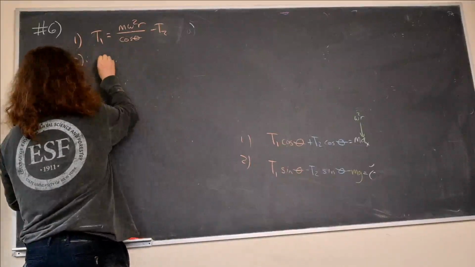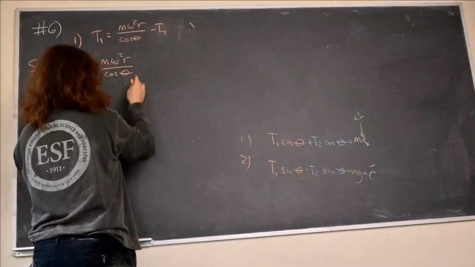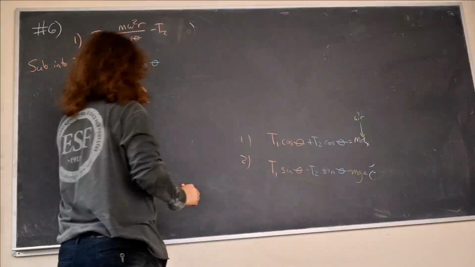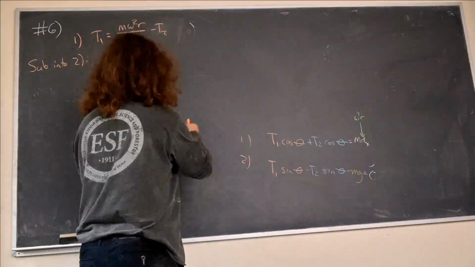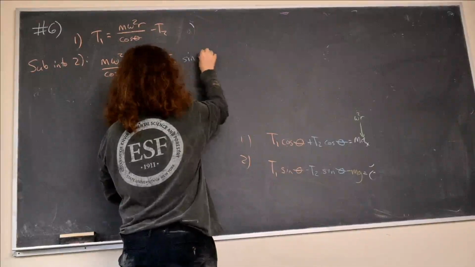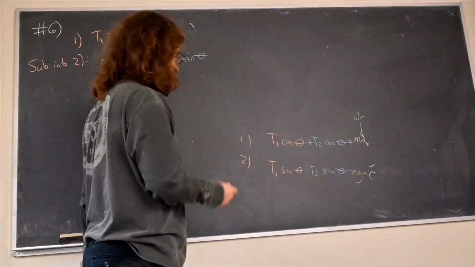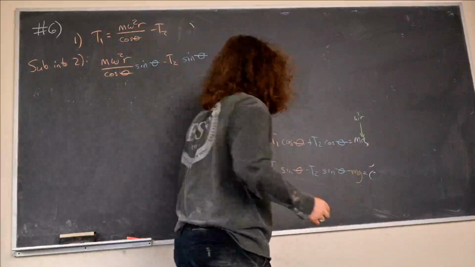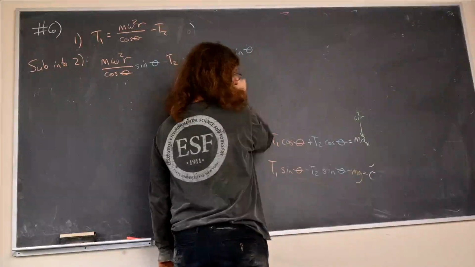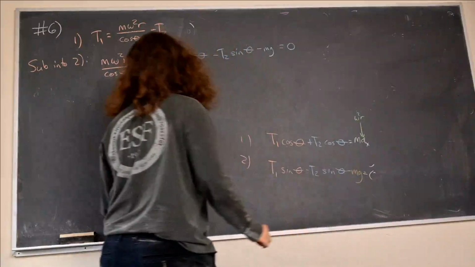So this gives us m omega squared r over cosine theta times sine theta minus T2 times sine theta. So that's this piece. Now I have the whole rest of the equation. Minus T2 sine theta minus mg equals 0.